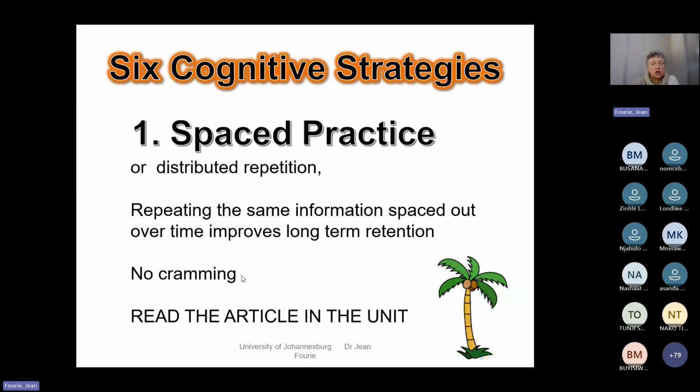A lot of research has been done on spaced practice and distributed repetition, and it emanates directly from Ebbinghaus's forgetting and remembering curve. And there are readings on this in the unit for you to go and have a look at.